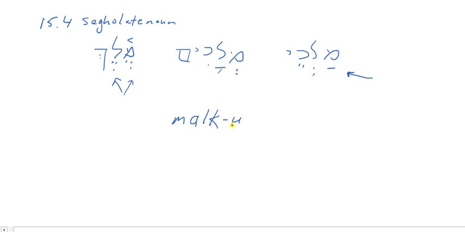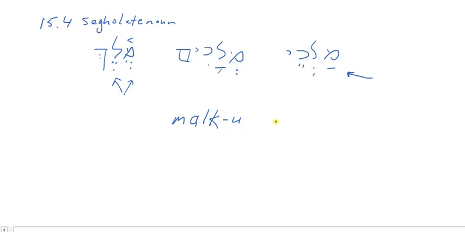These case endings fell out, but this would have been the nominative case ending, the u. And so what we would have ended up with for the nominative form of melek was malku originally. So it originally had an a vowel here, and then this little u vowel indicated the nominative case.